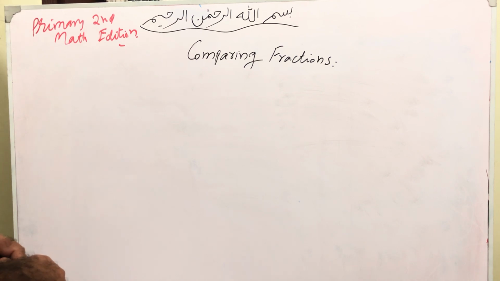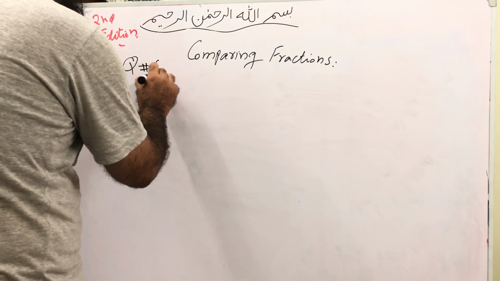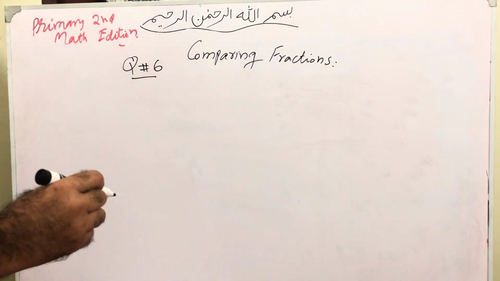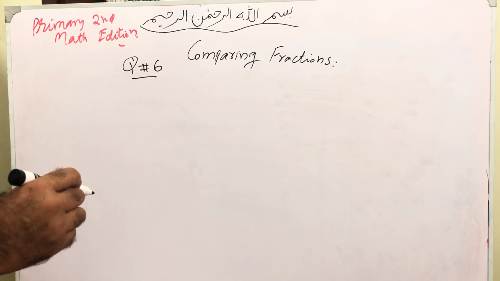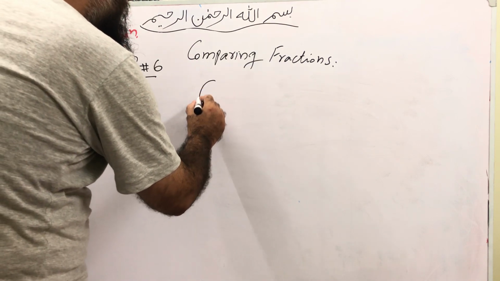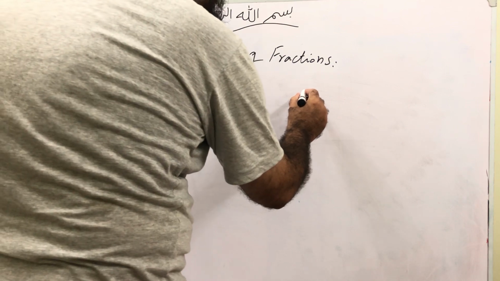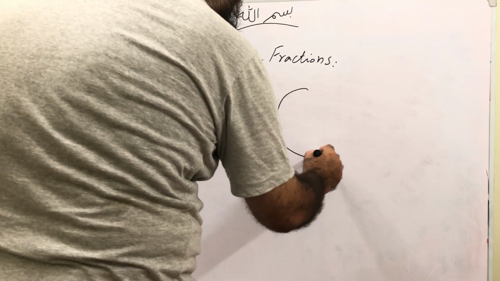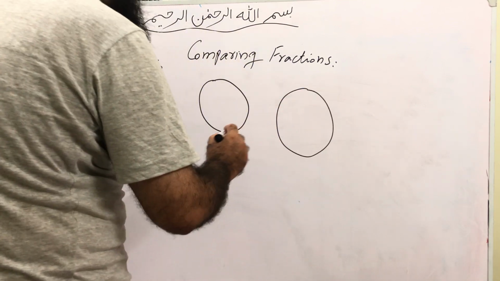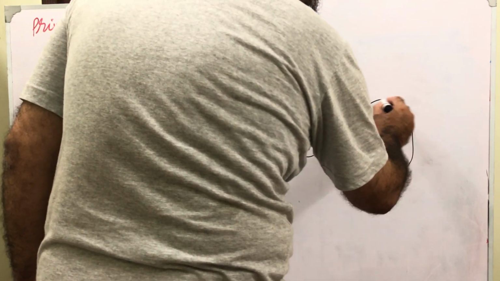Arrange the fractions in order. Start with the smallest. Question number 6. We need to order the fractions. Start with the smallest. We have 3 figures with us. 1, 2, 3.